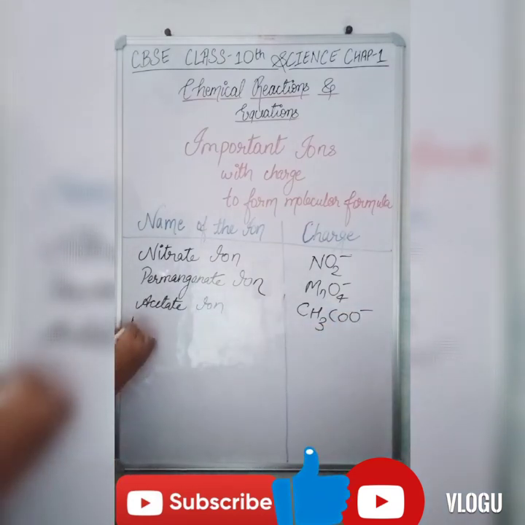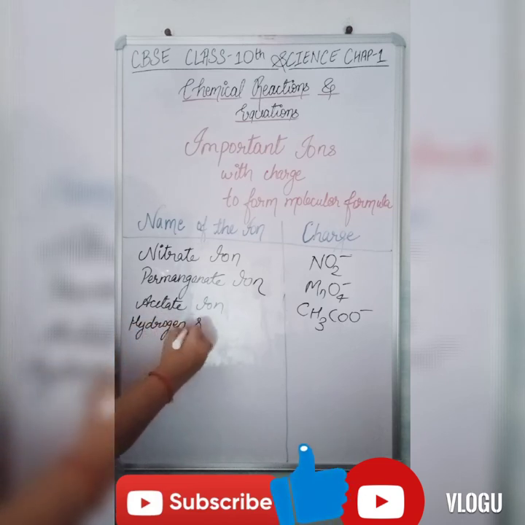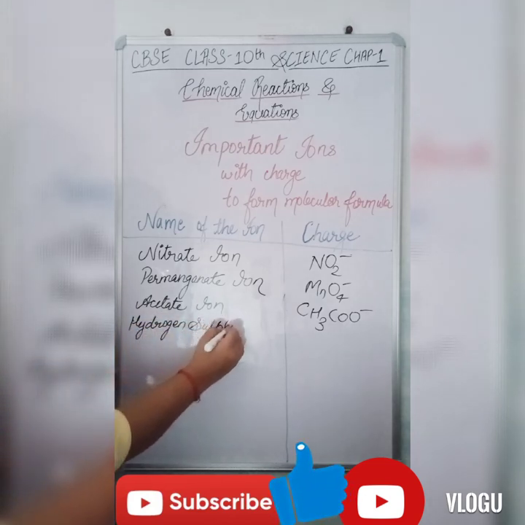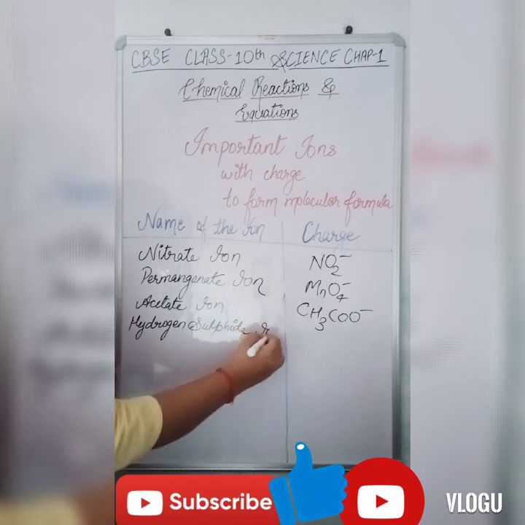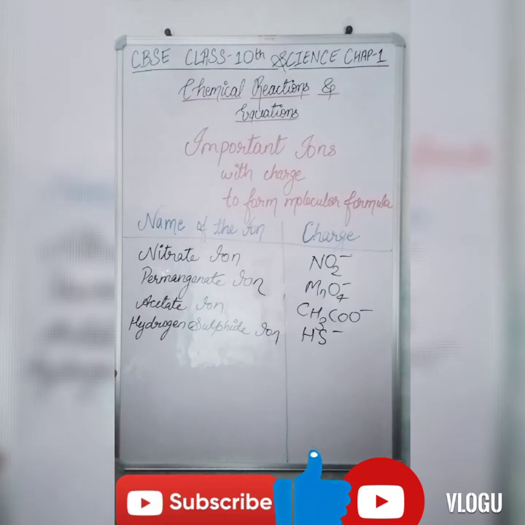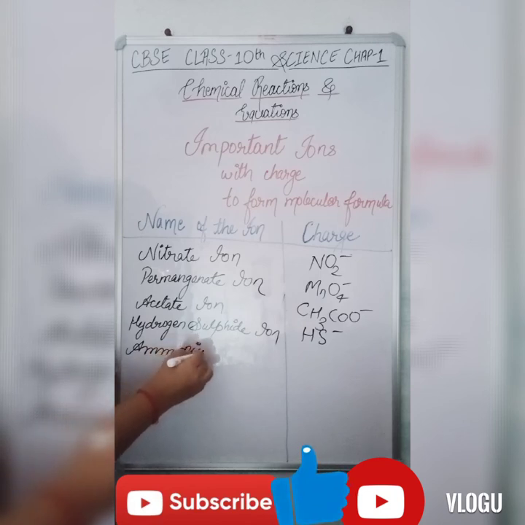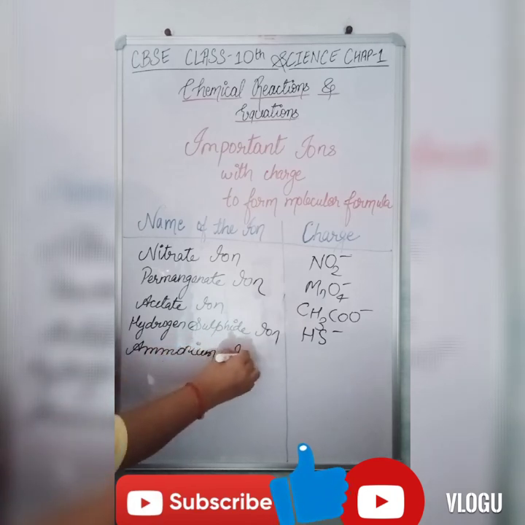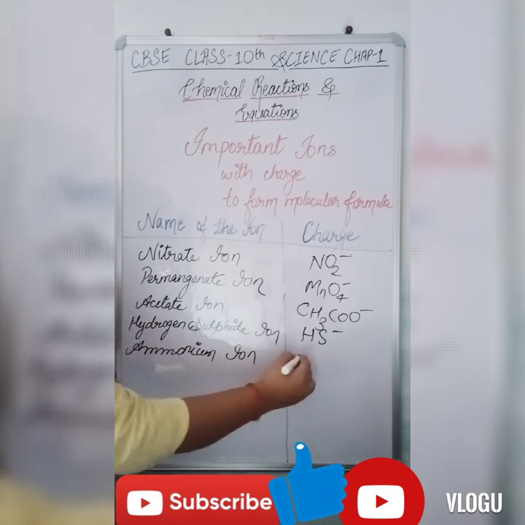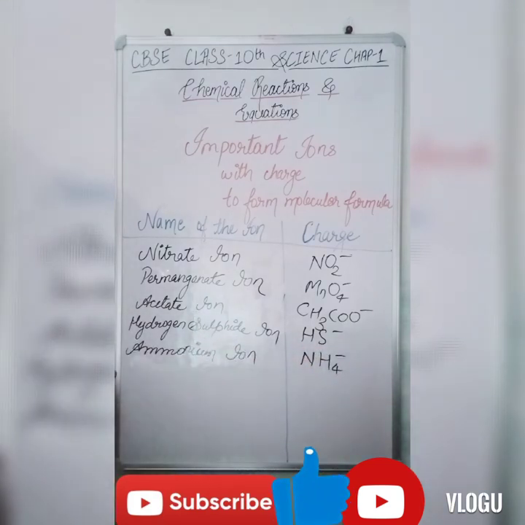Hydrogen sulfide ion, HS minus. Ammonium ion. It is NH4 plus.